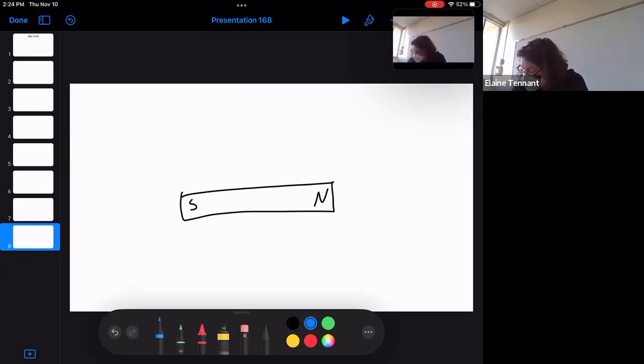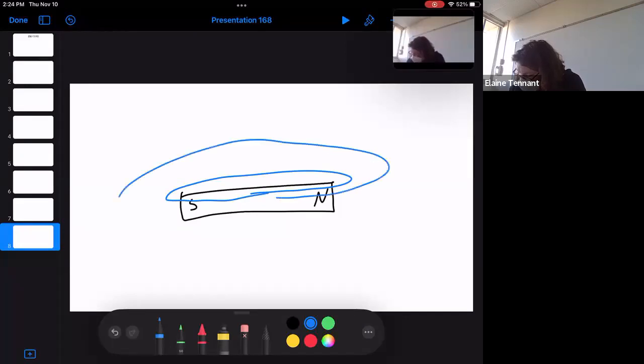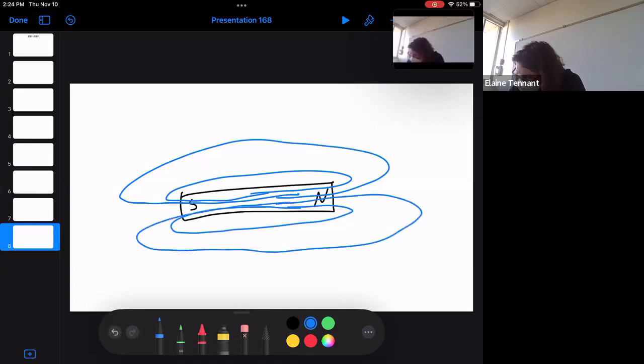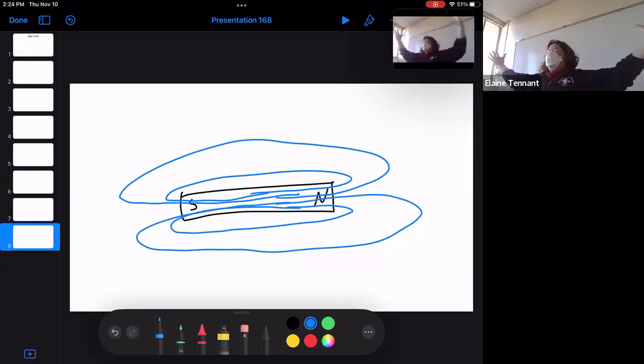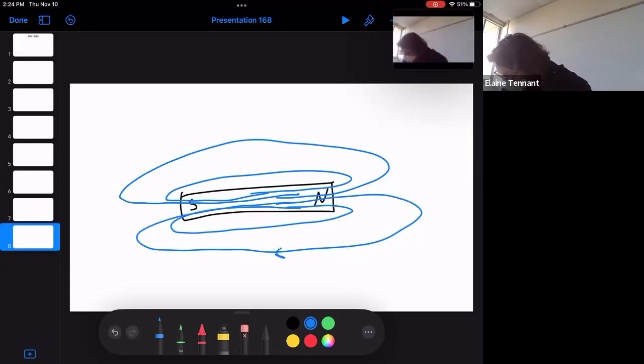And one of the consequences of that is that magnetic fields aren't radial, so they don't just spread out. They're loops. They always make these loops, where on the inside they go from south to north, and on the outside they go from north to south, making a complete circle. And you cannot have a magnetic field that doesn't do a loop.